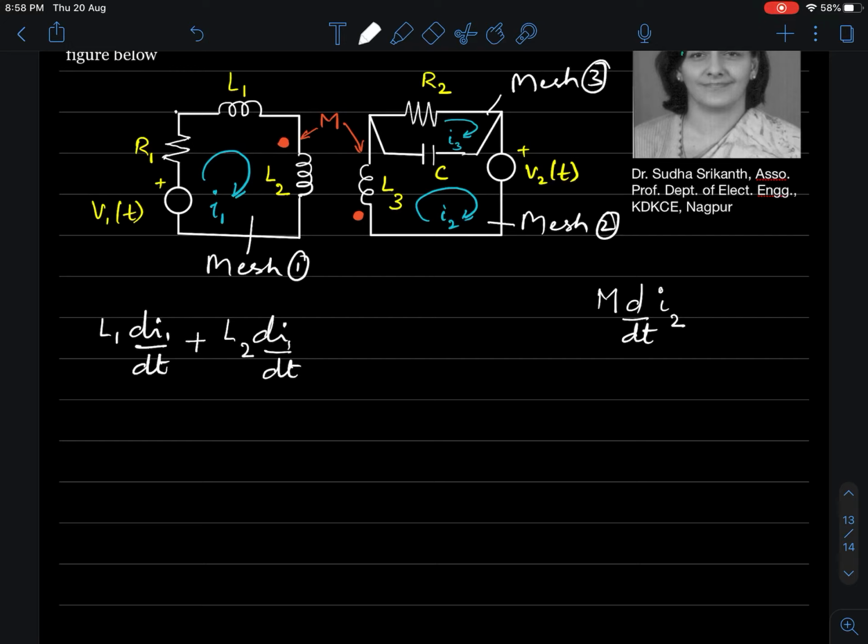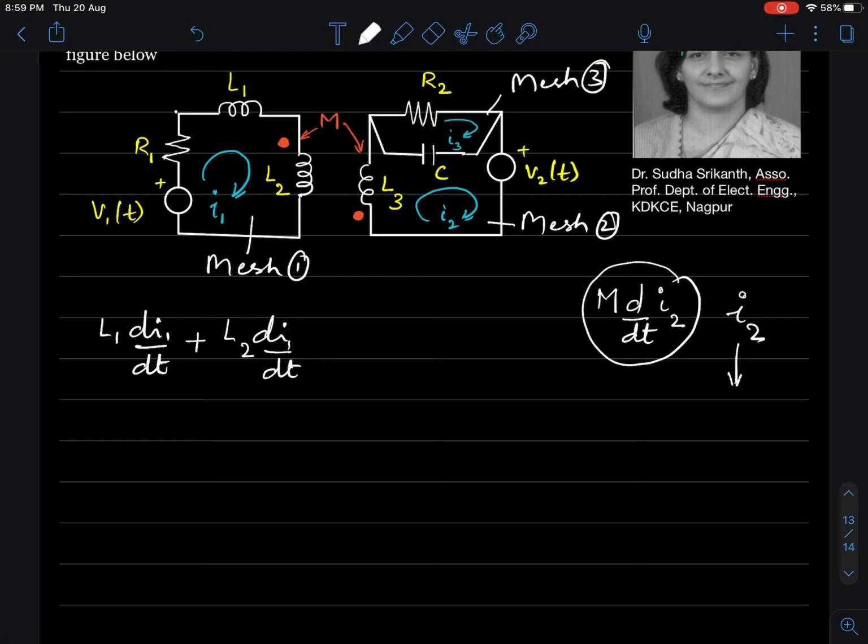We need to see that this mutually induced EMF is due to the current I2, and whether this current I2 enters the dot or leaves the dot. Look at I2. I2 is a clockwise current, which evidently flows from bottom to top in L3.